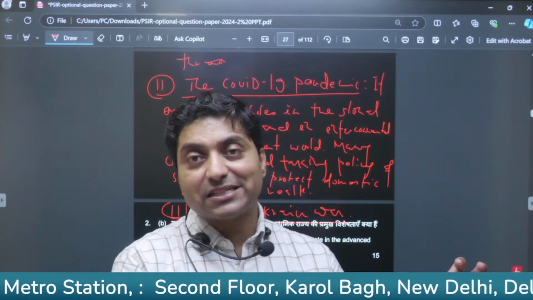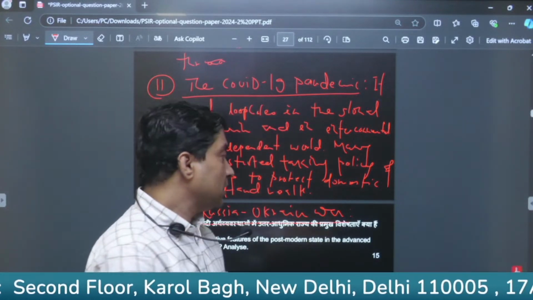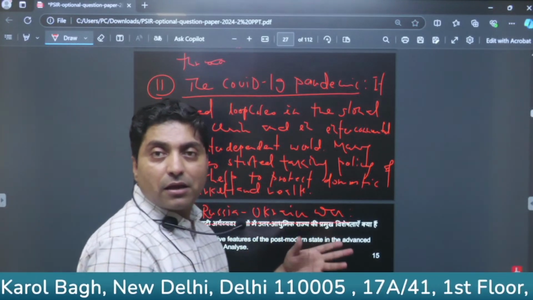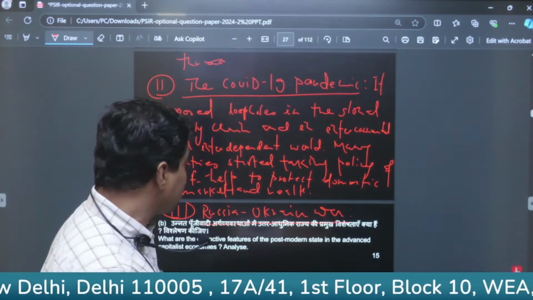With Iran, it is conducting trade in local currency rather than the dollar, the international currency. So the Russia-Ukraine war also compelled countries to go for deglobalization.